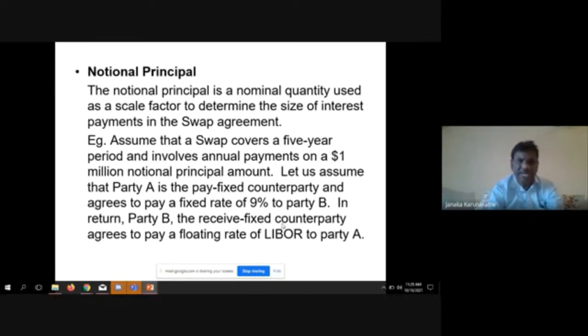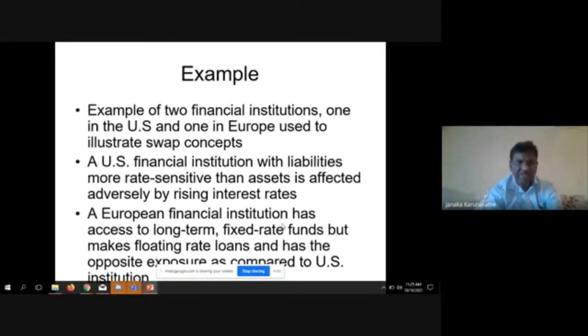If party A is the pay fixed party and party B is the receive fixed party, then party A pays the fixed interest rate cash flows to B, and B pays floating rate interest to party A. Right? So that's how an interest rate swap works.